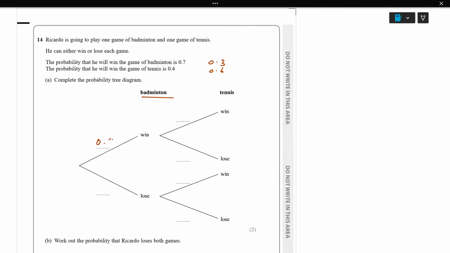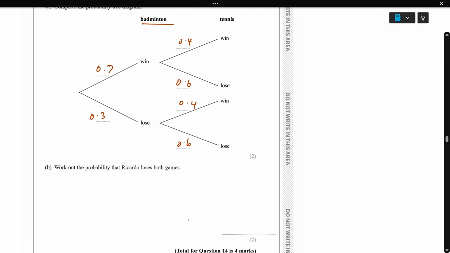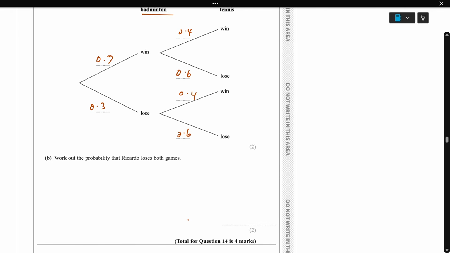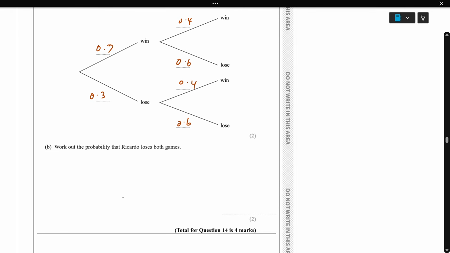The probability of winning the tennis game is 0.4, so the lose is 0.6. Same thing here, 0.4 and 0.6.